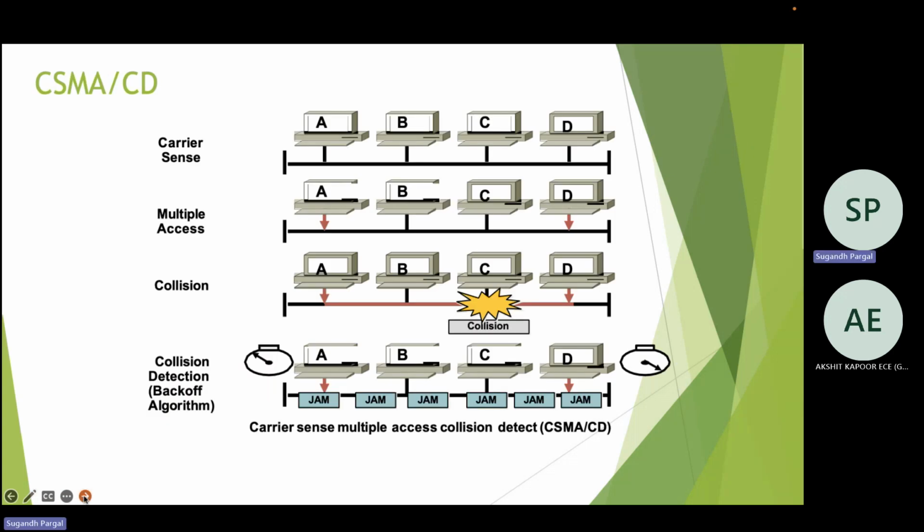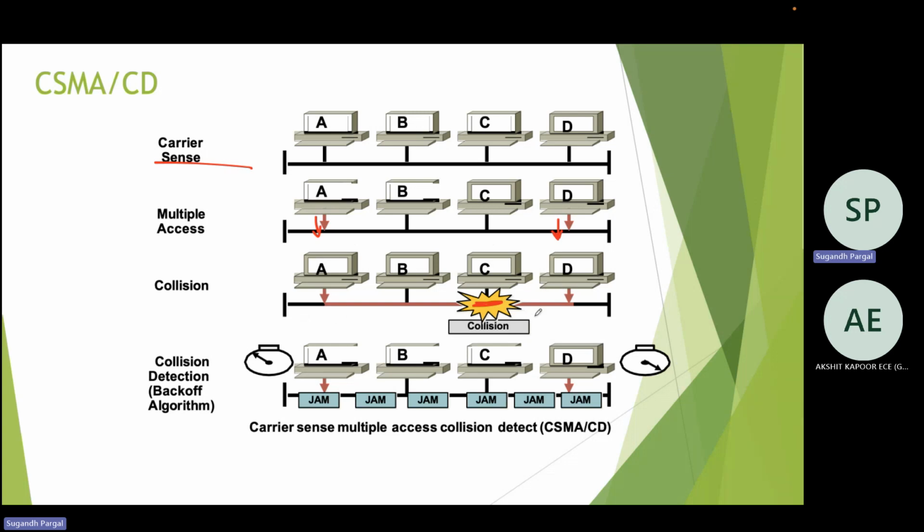Then in CSMA-CD, there are different things implemented. First is the carrier sense. It senses whether the carrier is available or not. Then if there are multiple accesses to that carrier, like A and D want to access that carrier at the same point, then a collision occurs. Here we see this is a collision domain.